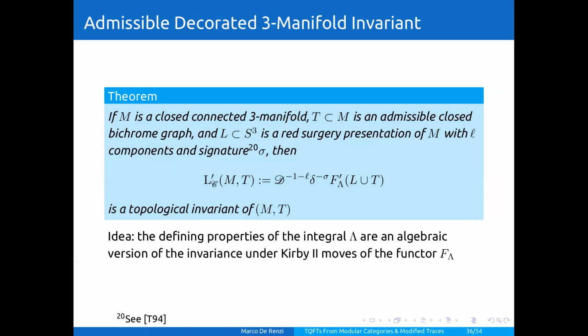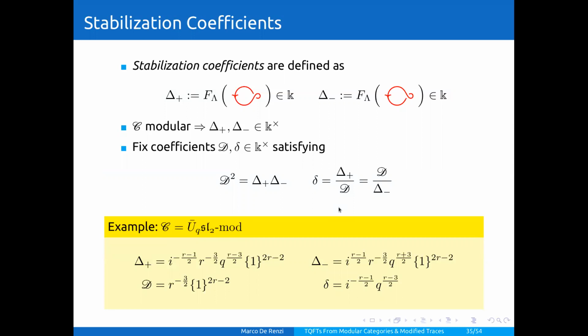So the first comment is that this formula defining this topological invariant involves certain coefficients, curly d and small delta. I gave you a definition in general for these coefficients, but I forgot to mention that in the recurring example we've been seeing all week, when C is the category of representations of small quantum SL2, we have very explicit formulas for these coefficients.